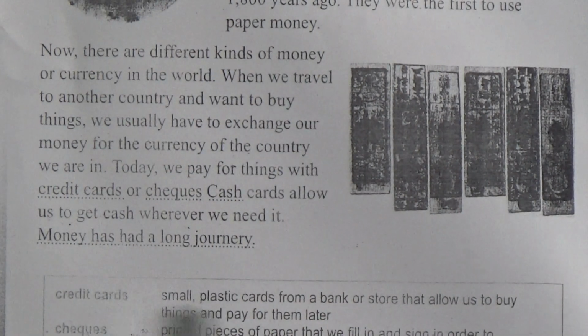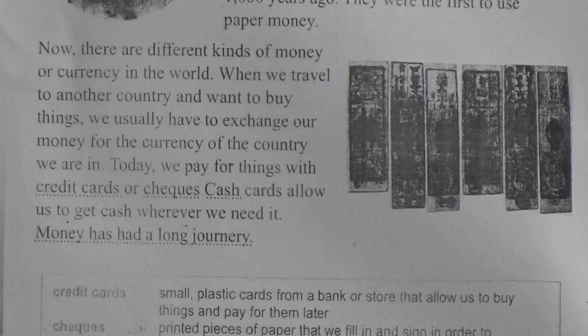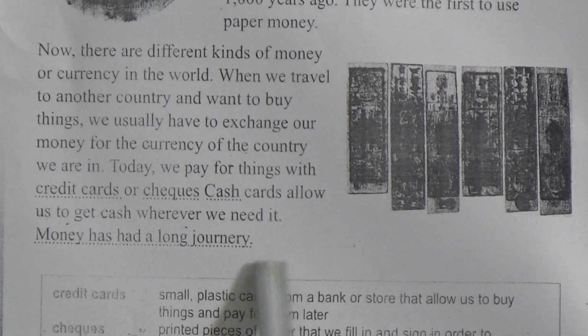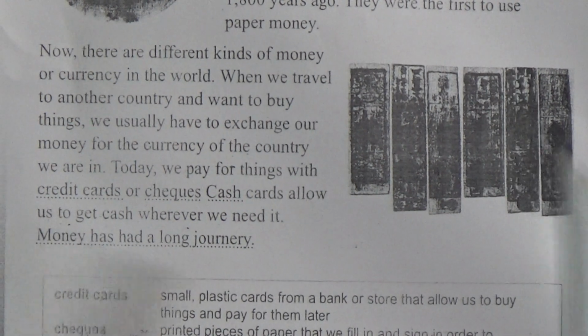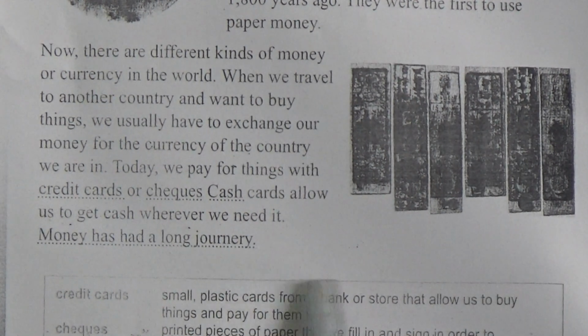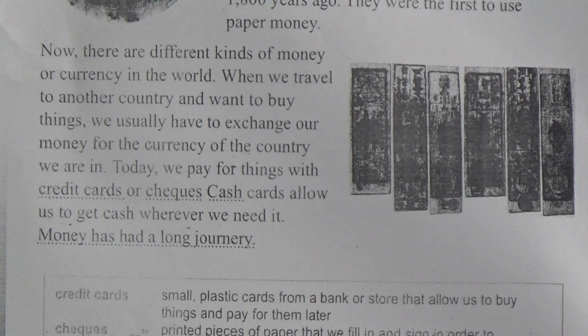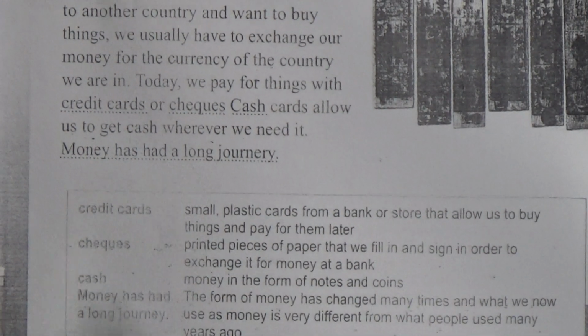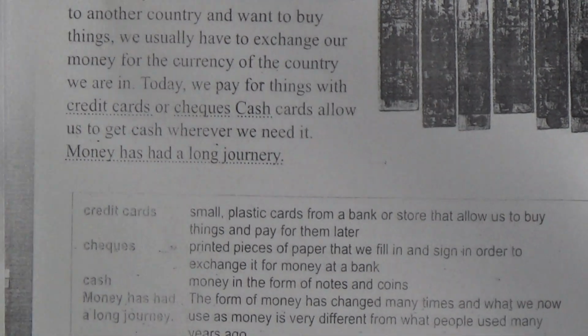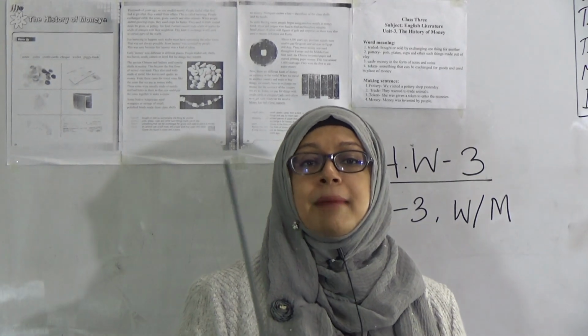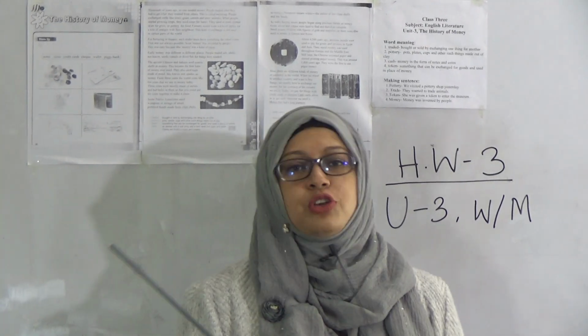So today we normally use credit cards or checks. So these cash cards actually play the role of money in today's world. So from 1,000 years ago till today, money has made a long journey. So this chapter, or unit, is on money, the journey of money, the history of money.